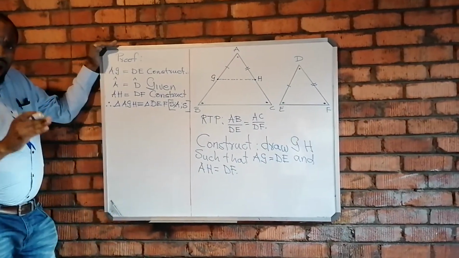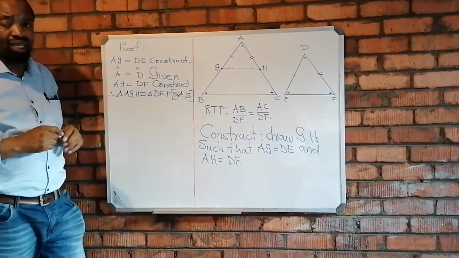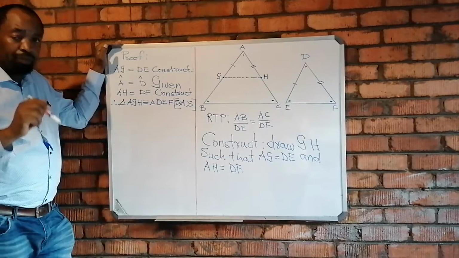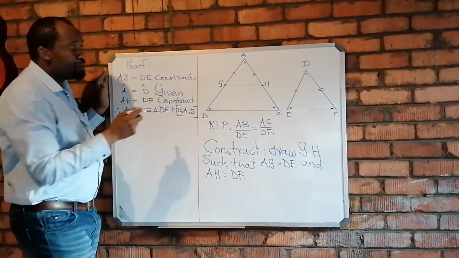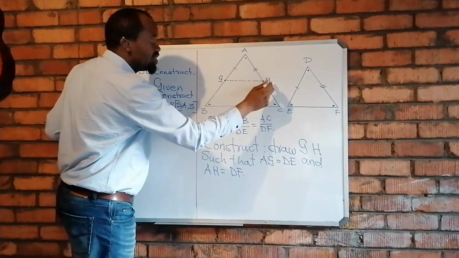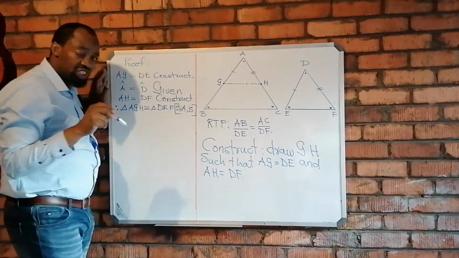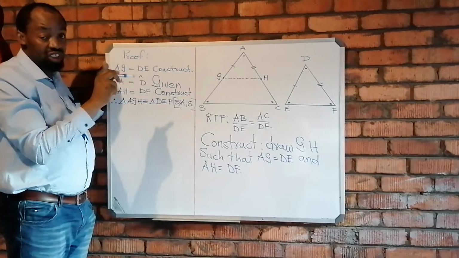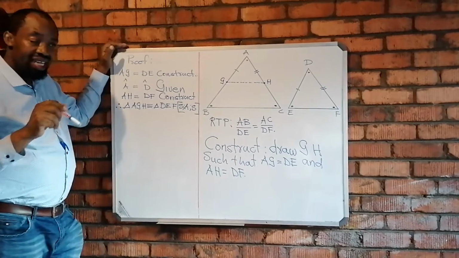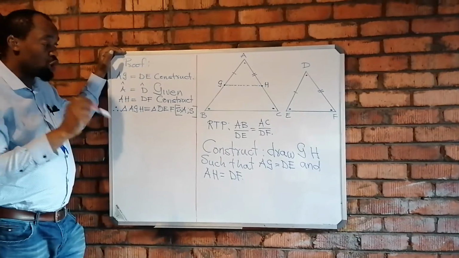Now, why am I proving the two triangles to be congruent? Why must I do that? The reason is simple and beautiful. I'm proving these two triangles, triangle AGH, to be congruent to triangle DEF, which they are according to the conditions for congruency, so that I can say the remaining corresponding components are also equal.